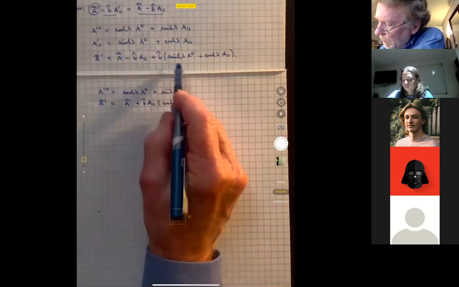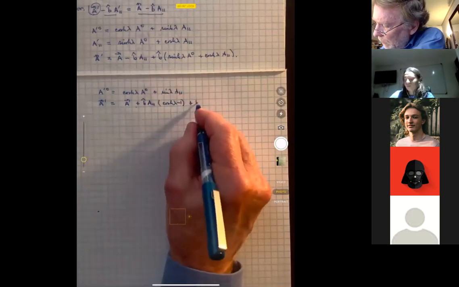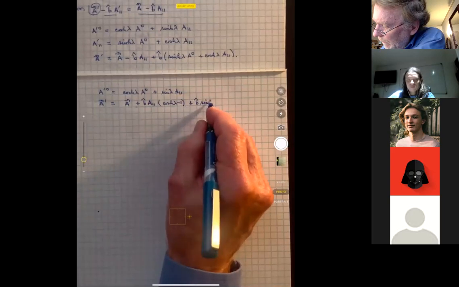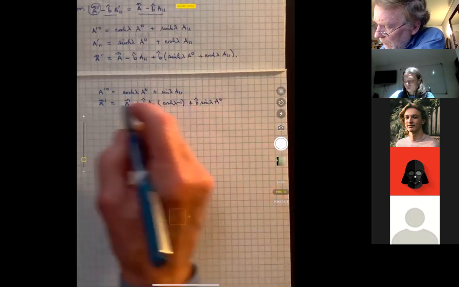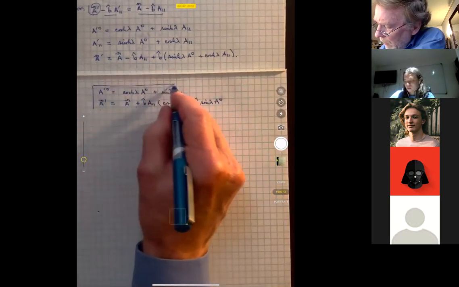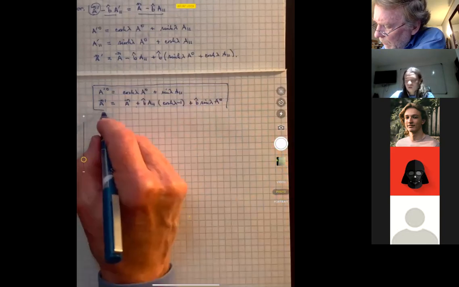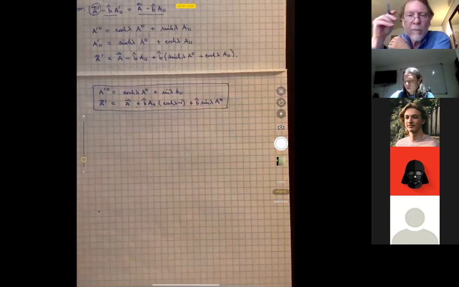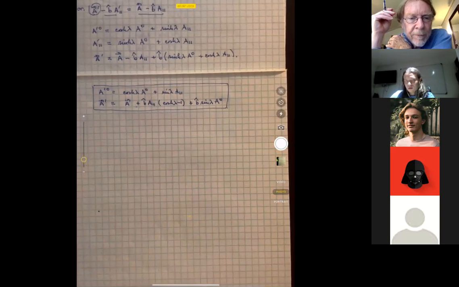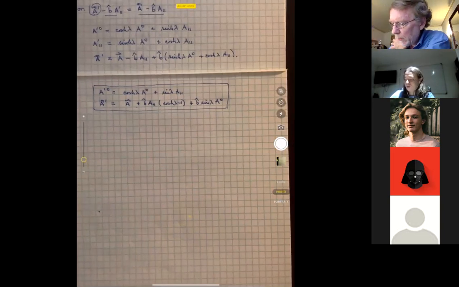And then finally there's the b hat sinh lambda times a0. And so this is the transformation of our arbitrary 4 vector A under an arbitrary boost, which is in any direction B hat with rapidity lambda. Okay.